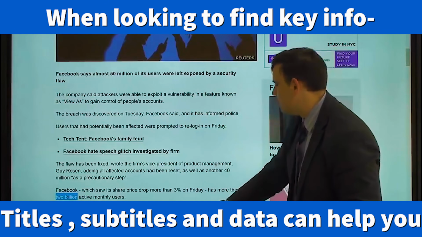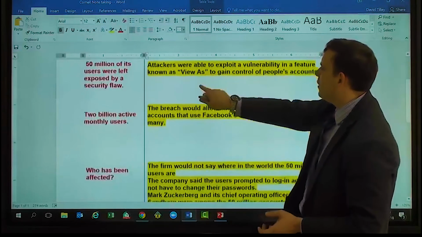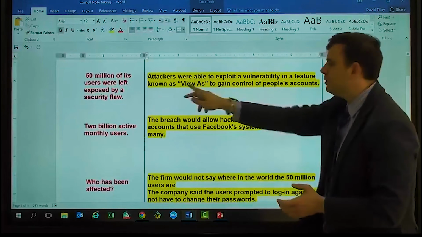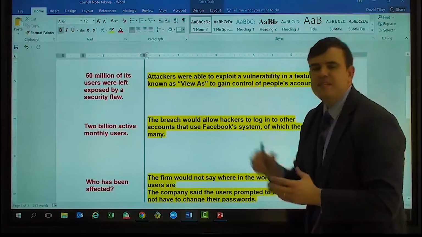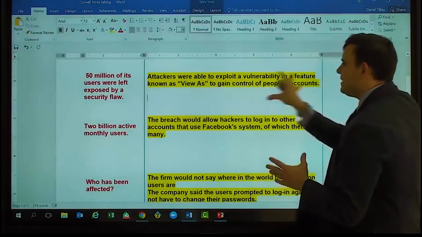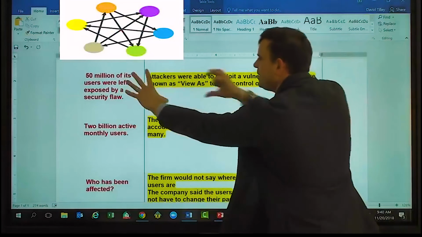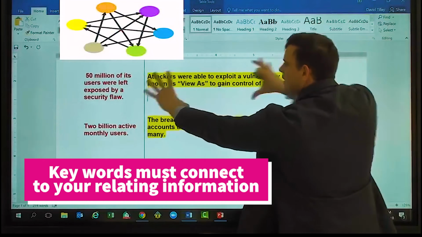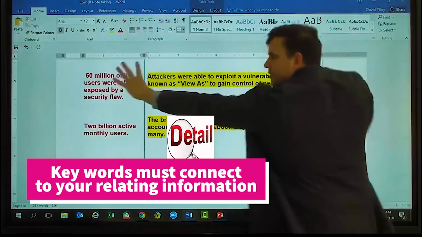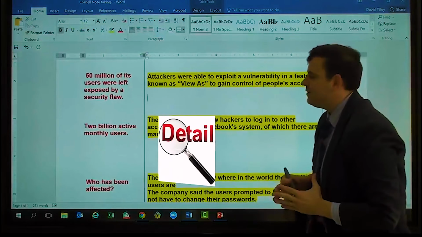So we go back to our Cornell Note doc, and you can see I've included a little bit more detail of that, the relating information.